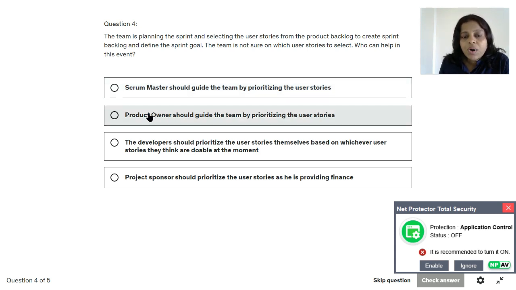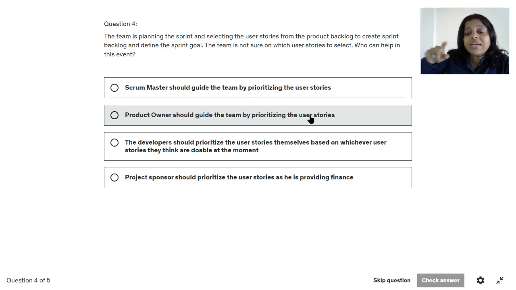Next option, product owner should guide the team by prioritizing the user stories. This seems to be right, because product owner is a business guy. He has the business knowledge, he is business savvy, he understands the product, and he is the right role to prioritize the requirements and guide the team on which user stories to be selected for the current sprint. So this should be the correct option.